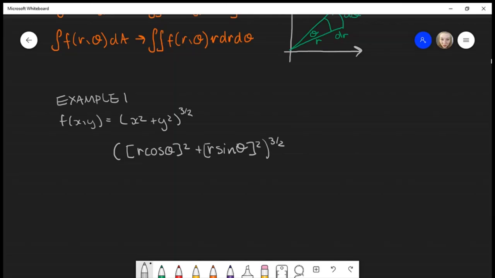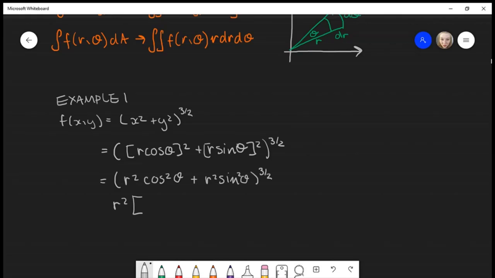And now we just simplify. r squared cos squared plus r squared sine squared, all to the power 3/2.